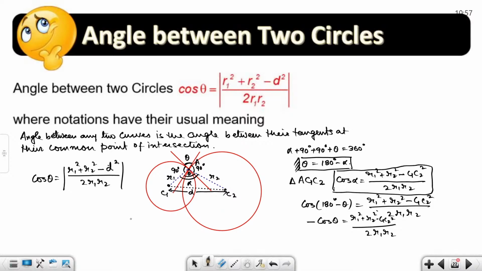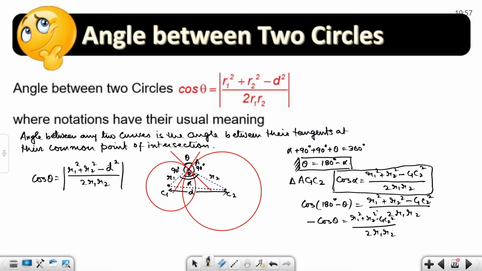Is it clear to all? So this is the angle between the two circles. Now the question can come, sir, will I have to remember this, the method that you have done to find out this value?